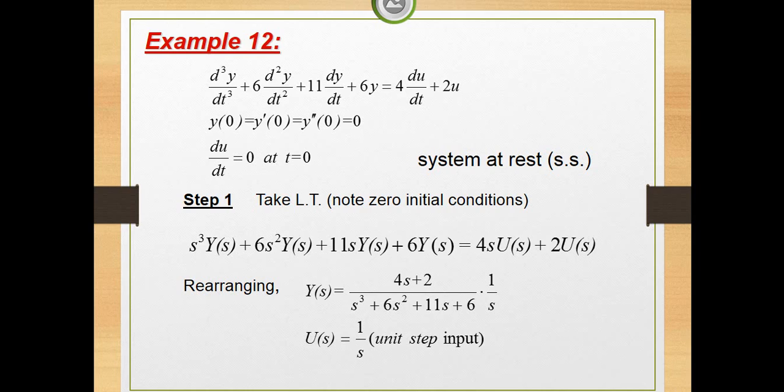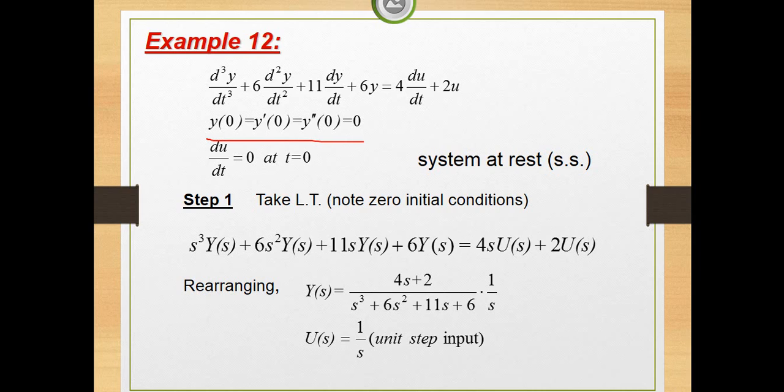When you take the Laplace transform, since everything is 0, you will be left with only s cubed y of s, because your s squared y of 0, your s y prime of 0, and your y double prime of 0 will all be 0 because of this.